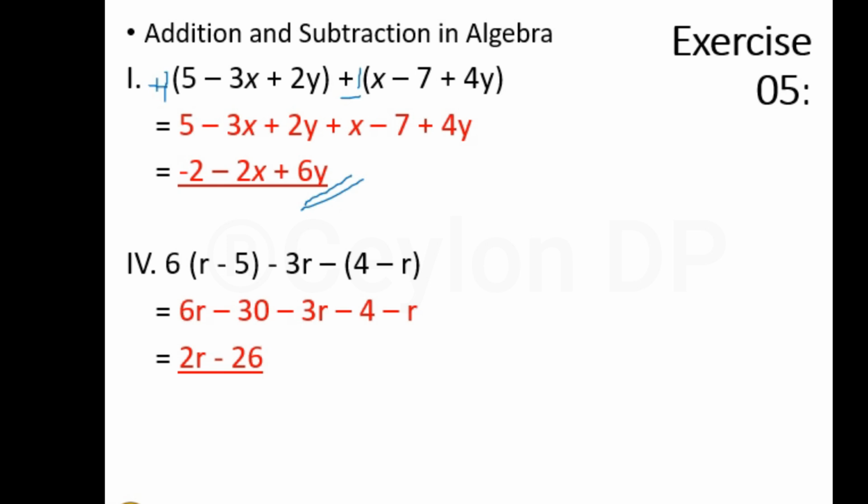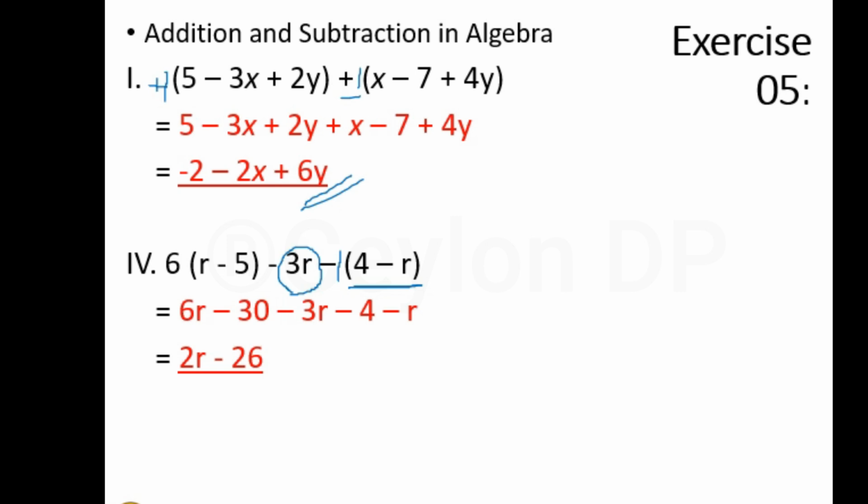Therefore, you have to remove the brackets. 6 multiplied by r, 6r, 6 multiplied by minus 5, minus 30, and always keep in mind this minus 3 is not with the 4. It relates to this bracket, because here for the separation the minus mark is there.